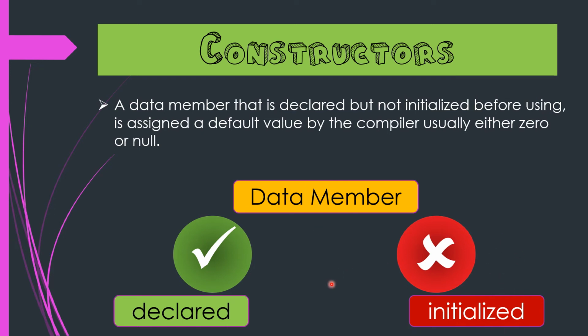That means we have declared but not initialized. So what happens in this case? The compiler assigns a default value to this data member. And what is this default value? Generally it is 0 or null. So this was the basic concept of why we use a constructor.